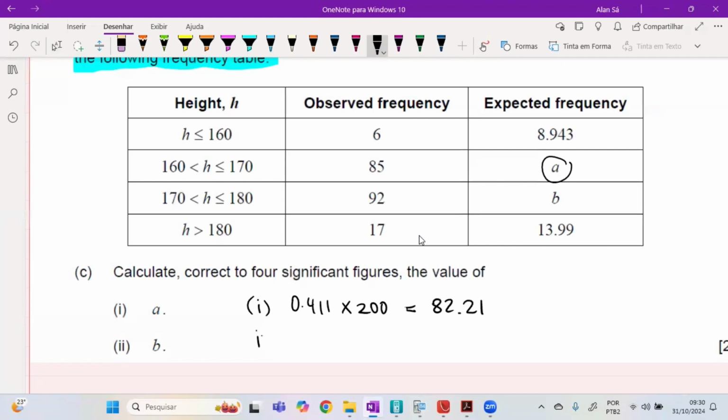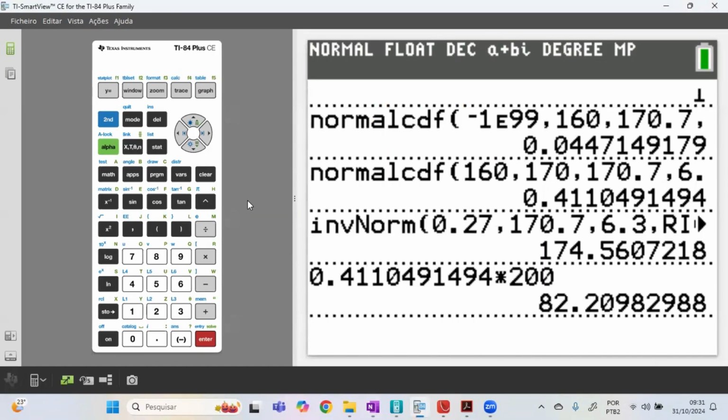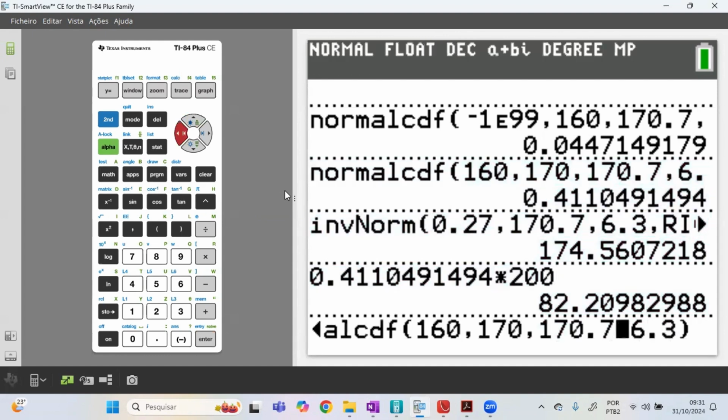Then for part 2, to find B, we first need the probability of being between 170 and 180. We don't have this value here, so we need to calculate it. We can get normal cumulative from here and just change from 170 to 180, or go to distribution and do it all the way.